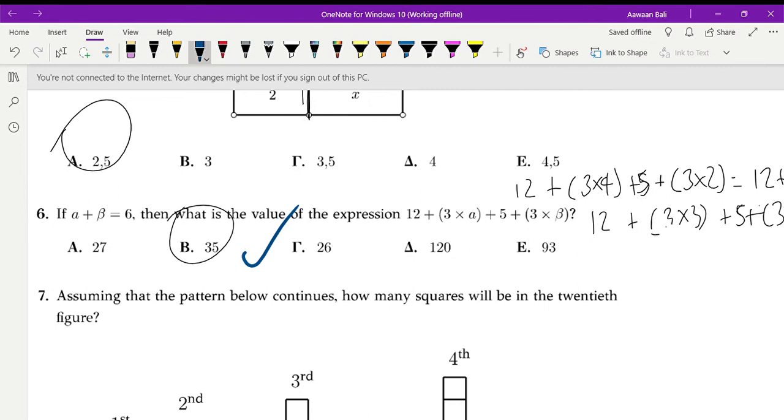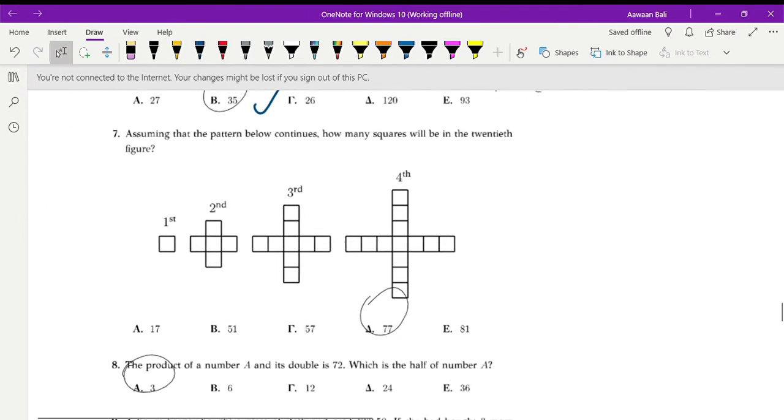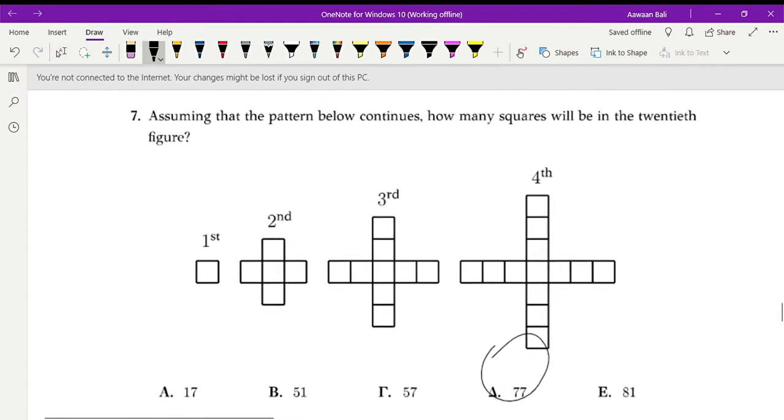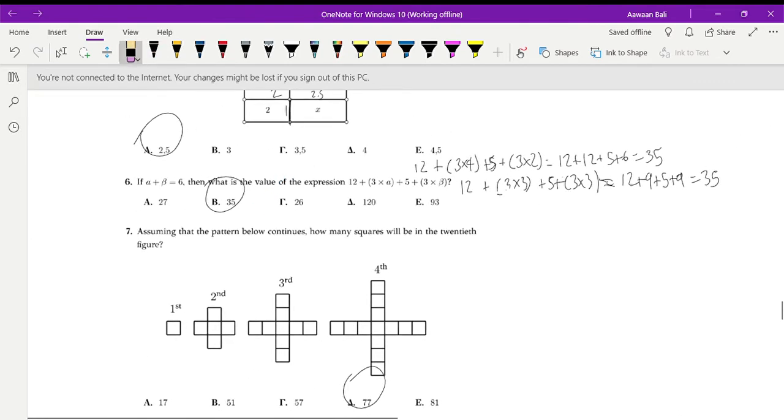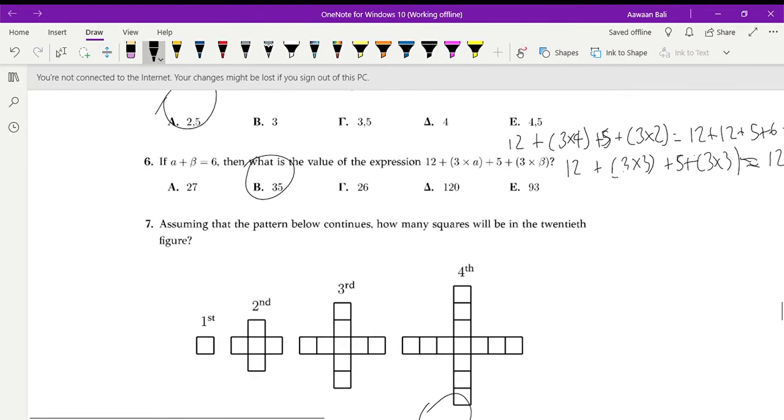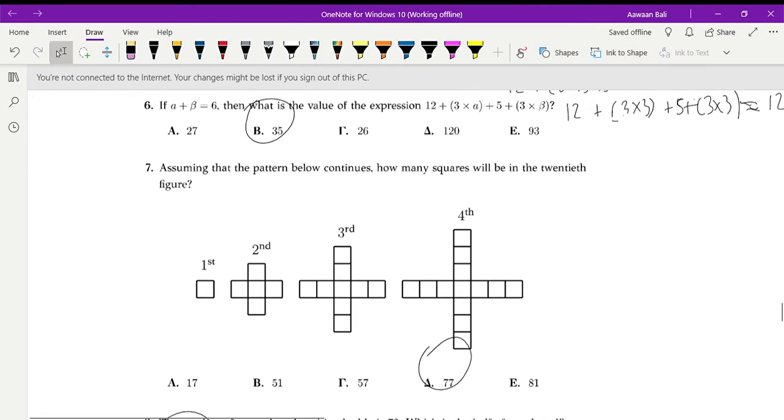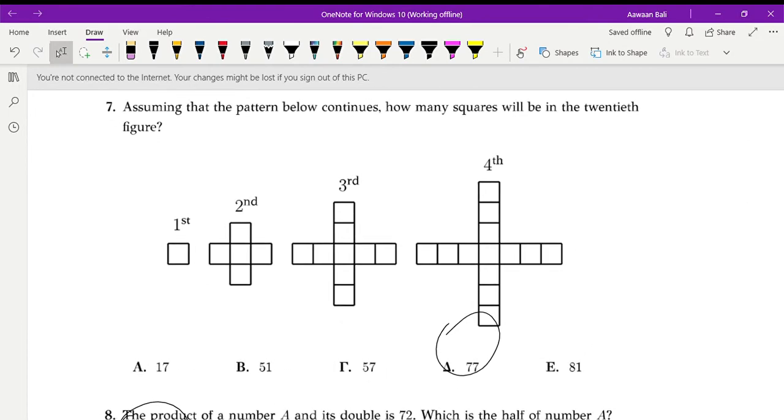There can be certain more rules, like maybe the equation is different in a way, or there's another set of rules. But this is the simplest of the simplest, so it's easy, this one. So we can say that it's B. It's 35.